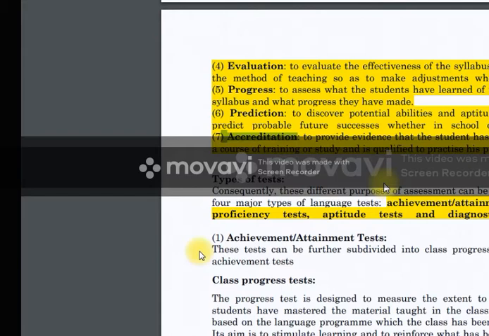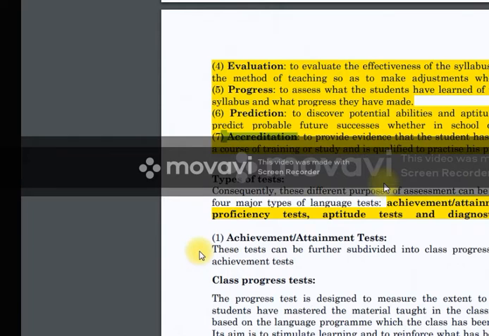So if we pay our attention to these four main types of tests, we do it via the use of specific tests. Now we are studying the types of tests.